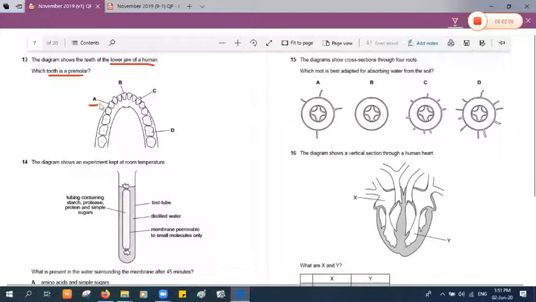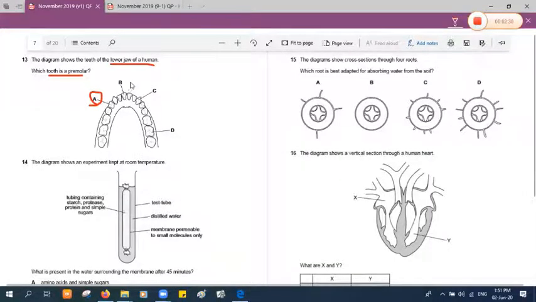Yes, A. Perfect. When I solved it with another students, they told me D. Of course not. D is molars, okay? And the tooth that is before molars, of course, it will be premolars, okay?